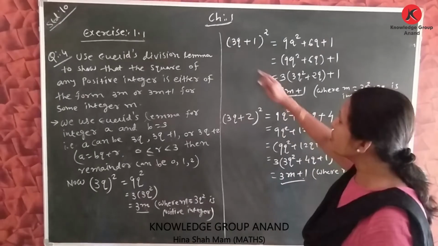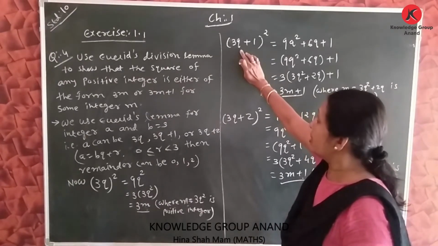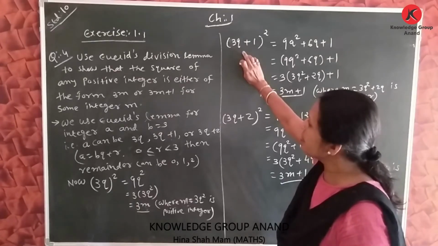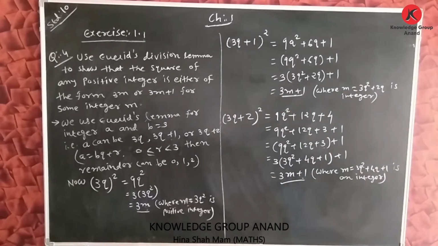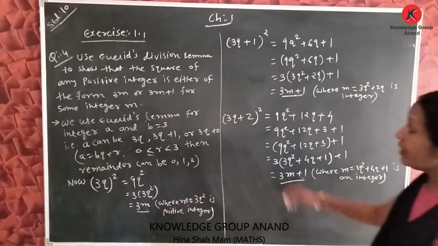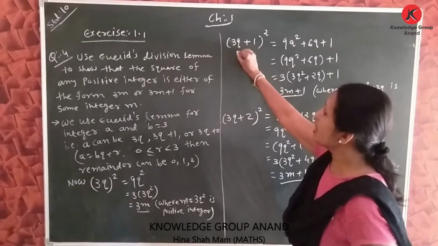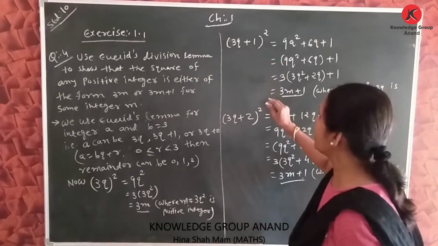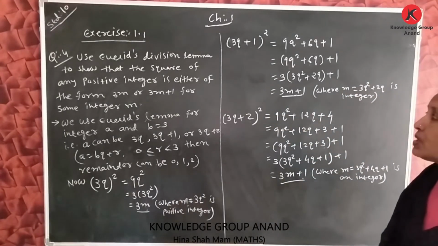Suppose we put here any positive integer, here 1. 3 times 1 plus 1, 3 ones are 3 plus 1, is 4. 4 square is 16, and 16 is equal to 15 plus 1, therefore 3m plus 1.